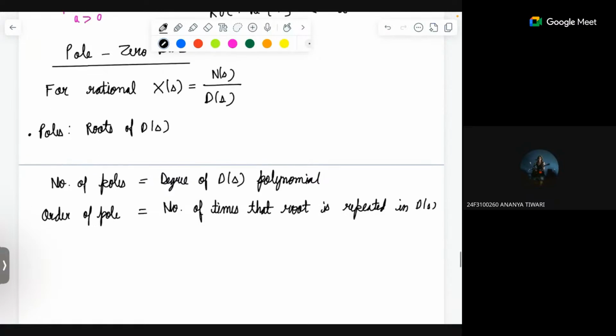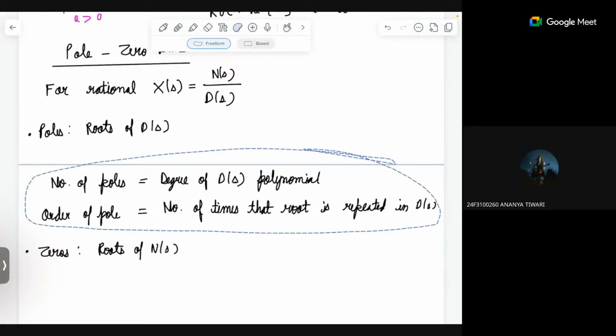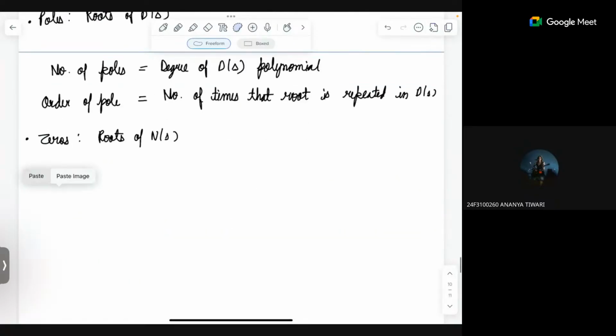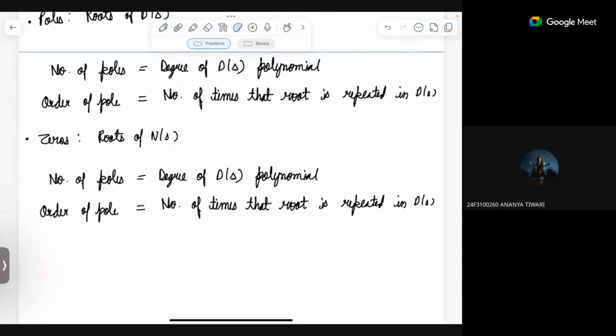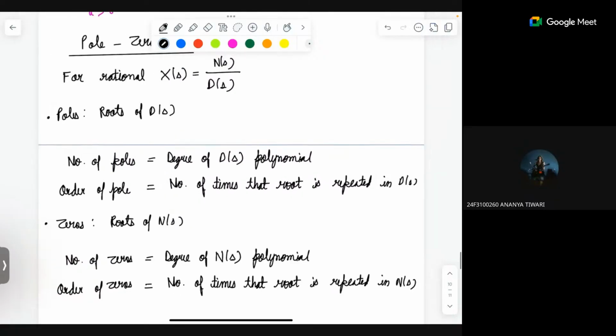And similarly, the roots of the numerator polynomial will be known as zeros. So roots of numerator polynomial are known as zeros.